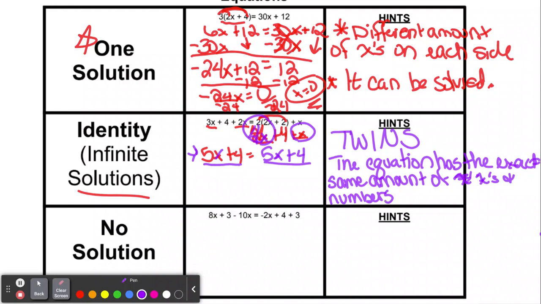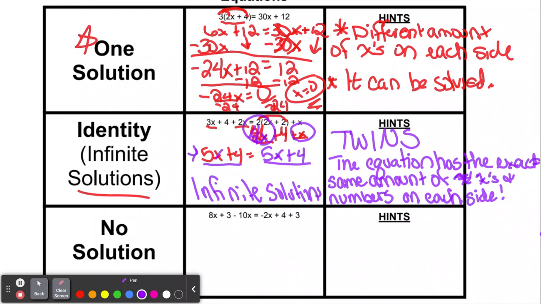I'm not going to write all that because I'm running out of room. The exact same amount of x's and numbers on each side. All you have to do is get to this point and say infinite solutions. You don't have to solve it anymore.